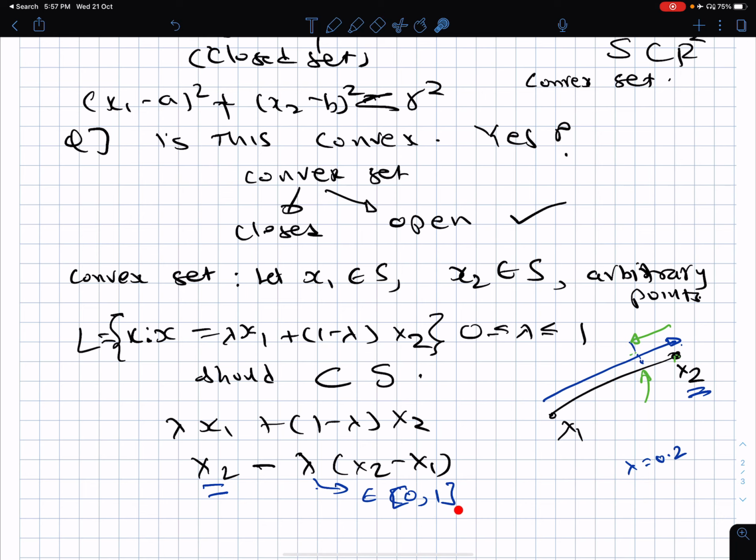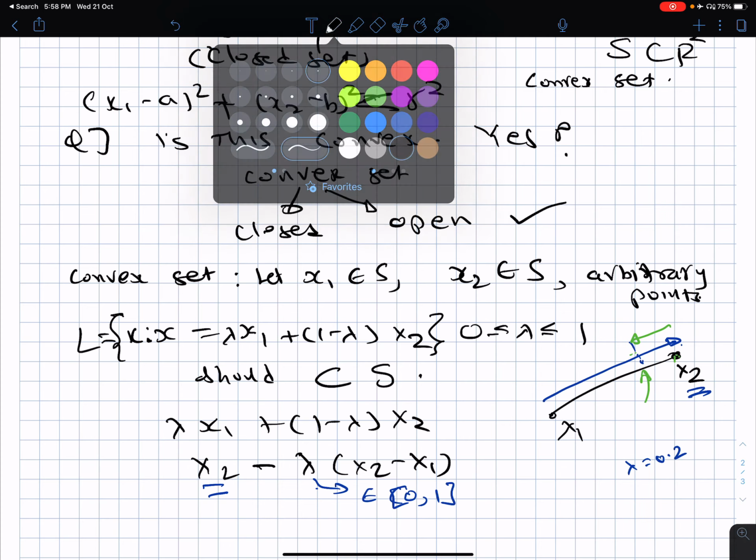Lambda coming from 0 to 1, and lambda x1 plus 1 minus lambda times x2 is called the convex combination of the points x1 and x2, and it generates a line segment connecting x1 to x2. And we say that the set is a convex set if this line segment is in the set S for all arbitrary points x1 and x2. So is that clear? What we mean by a convex set?